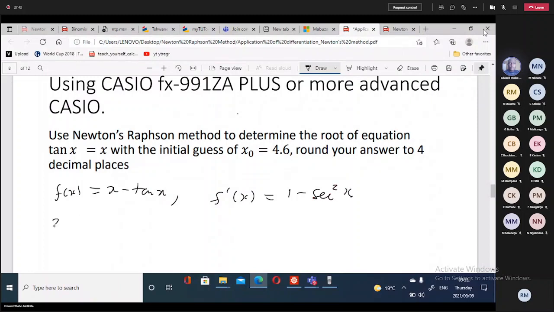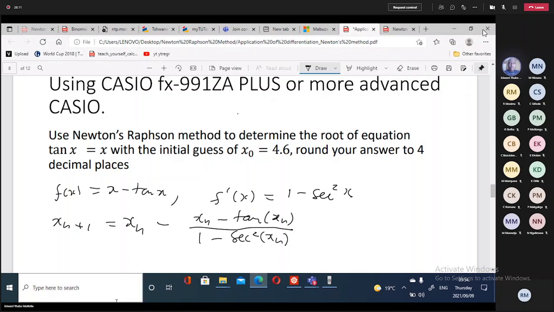And then this means x(n+1) is equal to xn minus what? We start with the function xn minus tan xn all over 1 minus sec squared xn. Now, this is what we are going to punch in the calculator, the equation on the right-hand side.